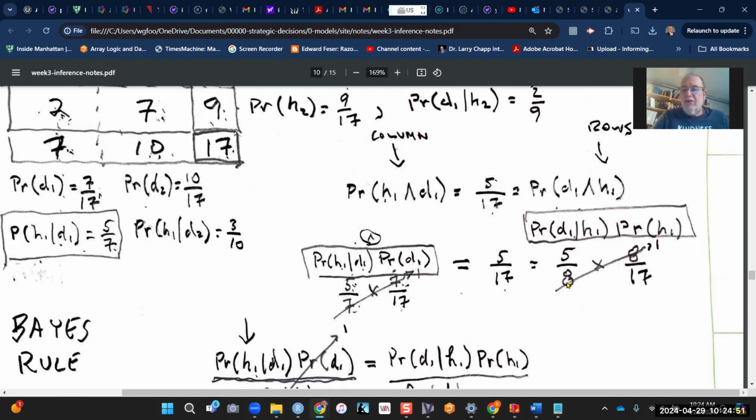We get 5/17 back. So we can therefore say that this expression, the probability of D1 given H1 times the probability of H1, is equivalent to the joint probability of D1 and H1.